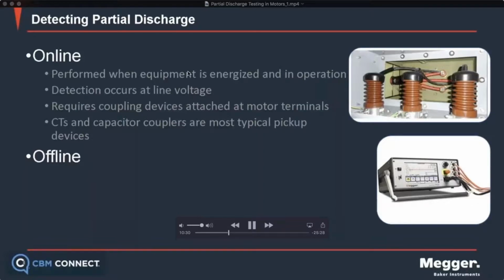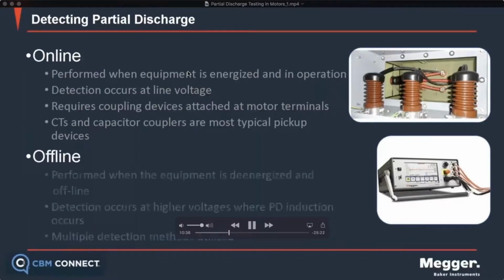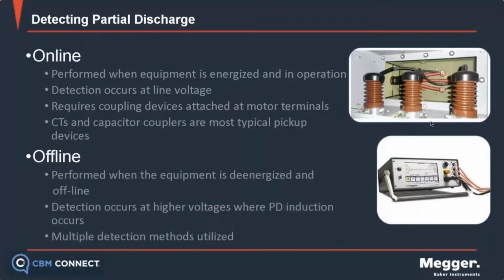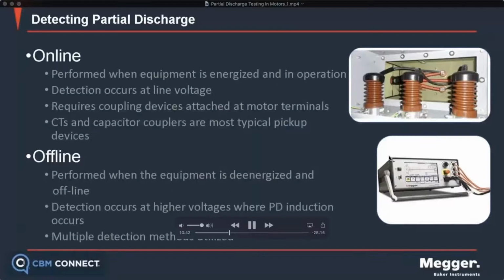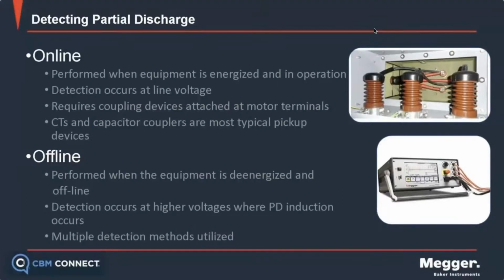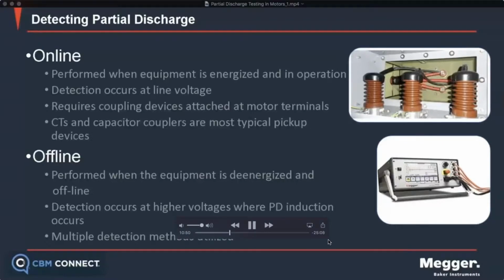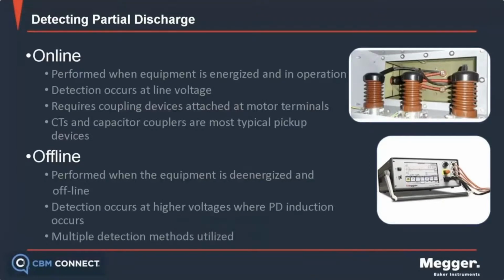The other method that I'm going to primarily focus on today, because that's what my company produces, is some offline equipment. It's what we call PD on surge, where we leverage the impulse, the high voltage, rapidly changing, steep-fronted surge pulse, and we leverage that as a partial discharge inducer, if you will. It's performed while the equipment is de-energized, offline.